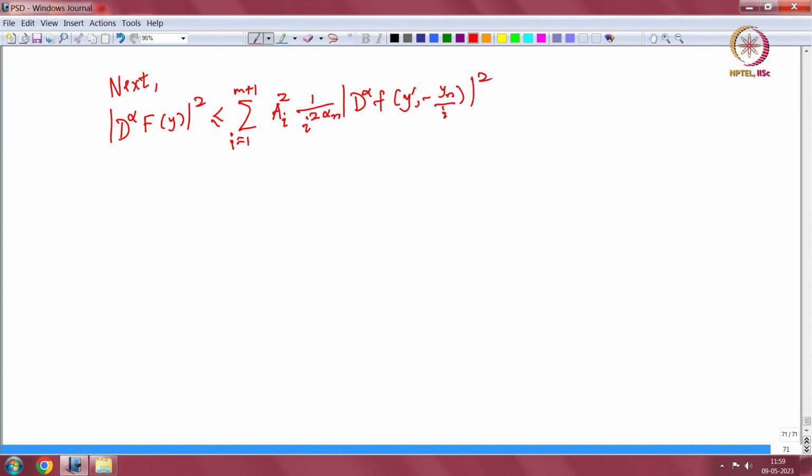Okay. Now you integrate over. Okay. So that implies. So this is straightforward: you just take the absolute value and square it and use Cauchy-Schwarz. Okay. So if I integrate now over k a minus, so d alpha f y square.